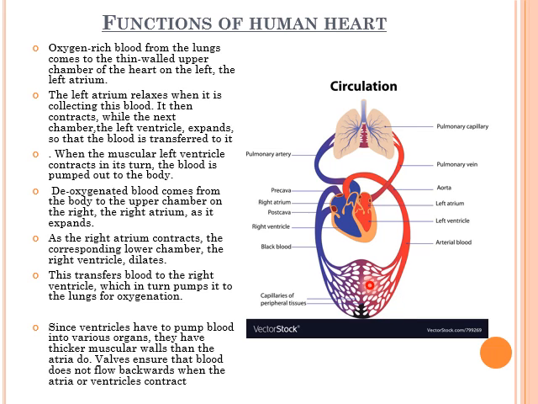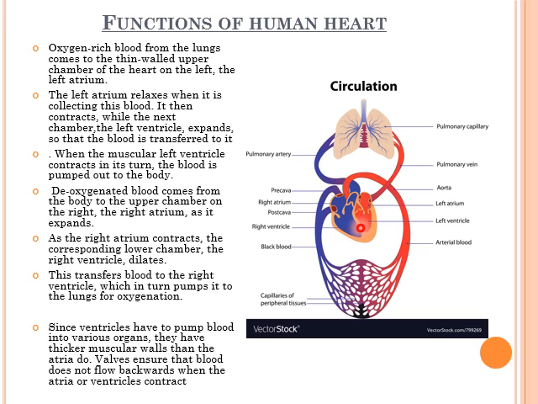Now the different parts of the body bring CO2-rich blood, that is deoxygenated blood, and this deoxygenated blood comes to the right atrium. You can see in this diagram it comes to this right atrium. It passes through the tricuspid valve and comes to the right ventricle.